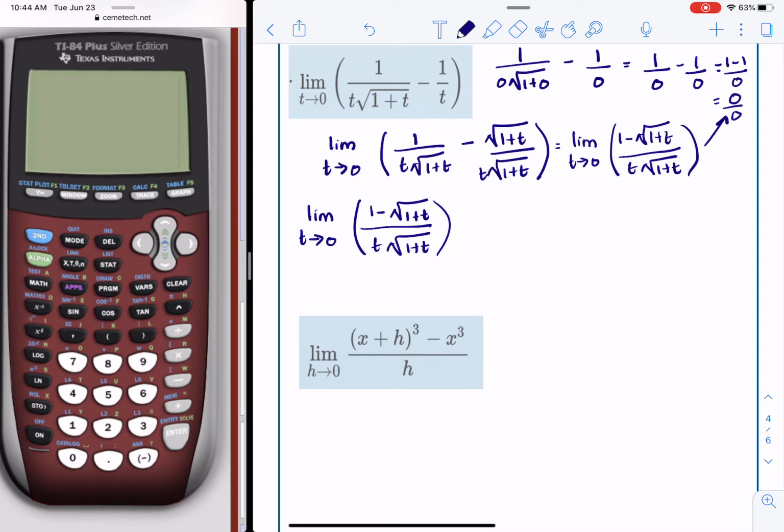So the conjugate of 1 minus square root of 1 plus t is 1 plus square root of 1 plus t.